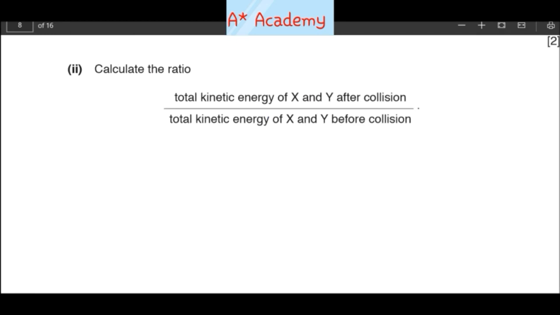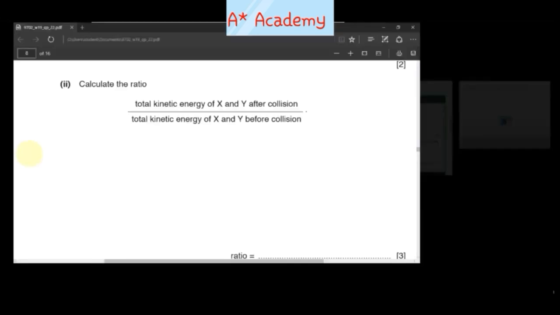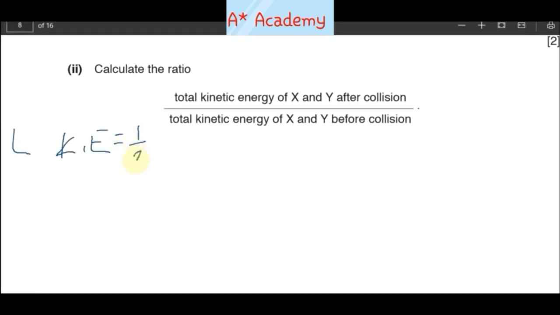And so we're going to calculate this ratio. The total kinetic energy of x and y before the collision is only the kinetic energy of x, because only x was moving. So kinetic energy is half mv squared.